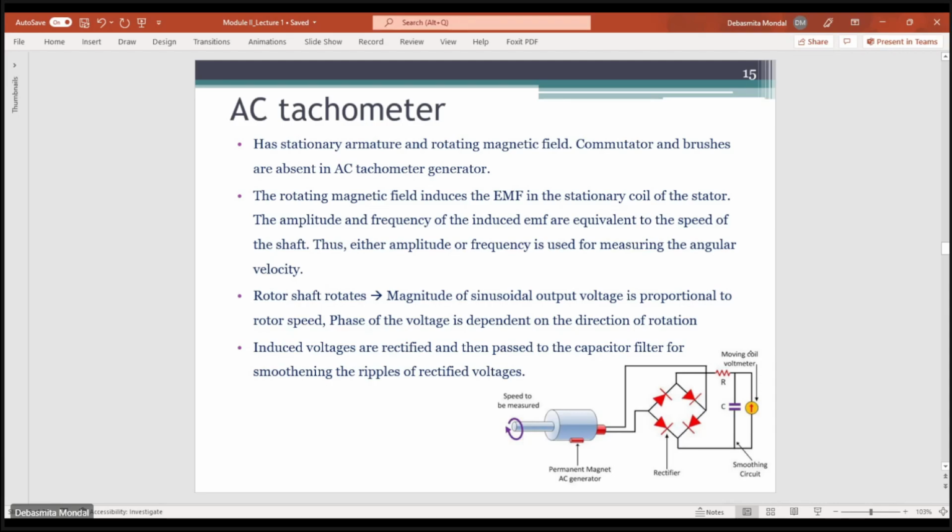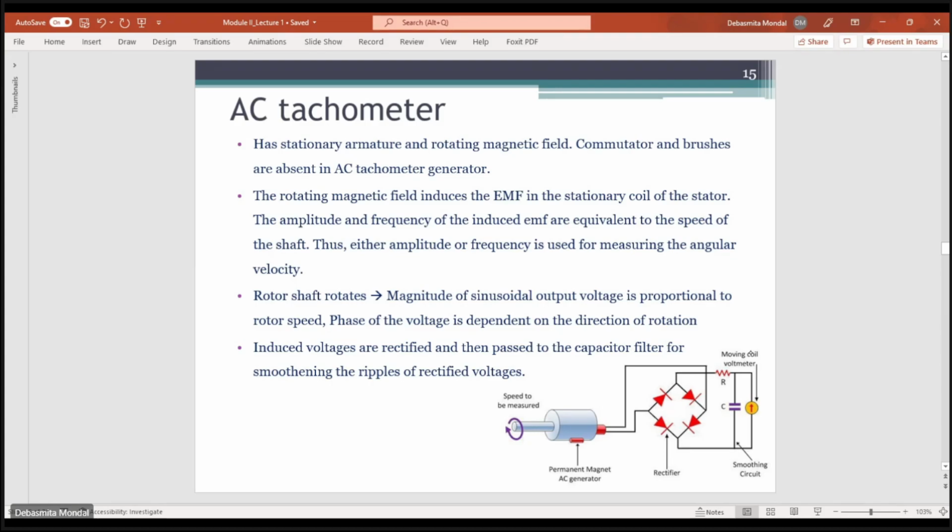Using this circuit, we rectify the induced AC voltage, and then we use a simple RC capacitive filter to smoothen out the ripples in the rectified voltage.